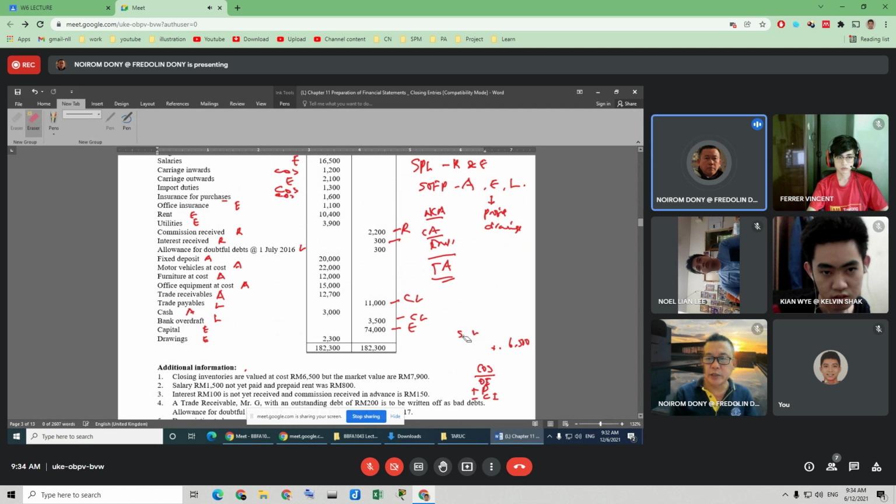And the next thing is, in inventory we have learned we have to use LCNRV. Remember, lower of cost, C, and market value, M. Market value is the same as net realizable value.